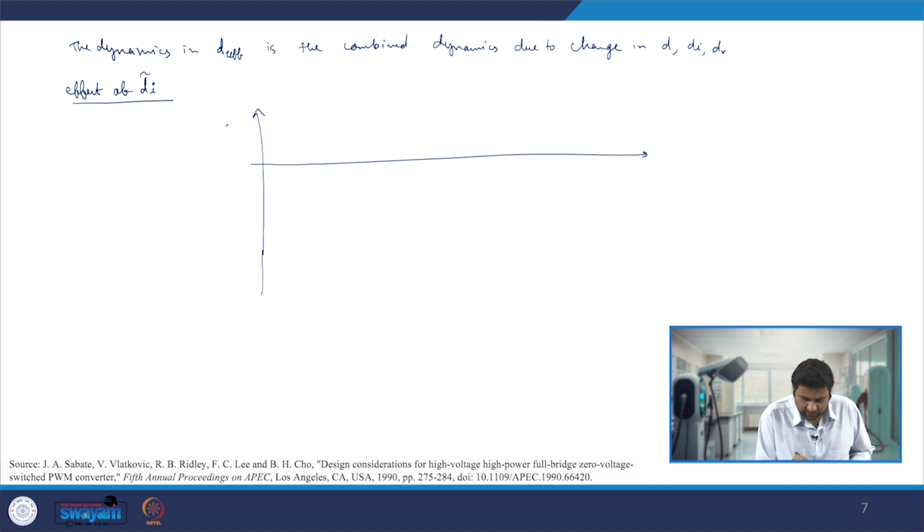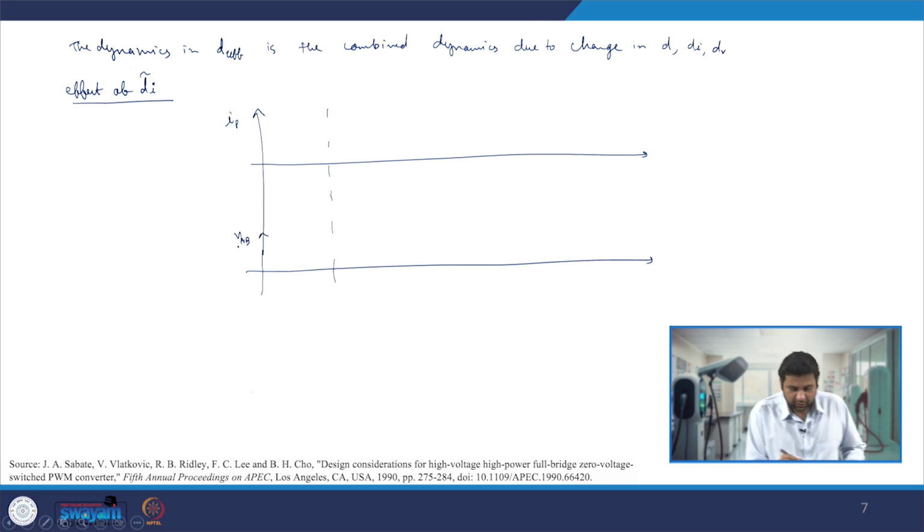So let me try to draw the effect of Di. Okay, so let us first see IP, and then we will also see VAB here. IP was rising, nothing but with NIL, whatever the output inductor current is, that got reflected here.